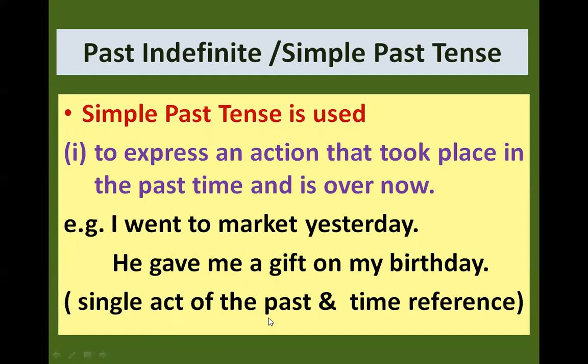Actions that happened once, and a time reference is given like yesterday, last week, last year. This kind of time reference is always added with simple past. I went to market yesterday. He gave me a gift on my birthday. Birthday came once in the year and you got the gift once. So referring to a one time action, right?